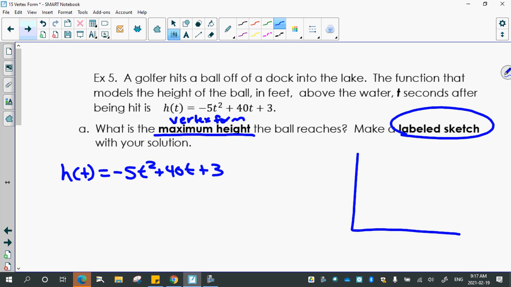How would I know what to label this? I'm not going to label it y, because there's no y over here. T, nope. T is where x would normally be. So this is going to be t. Okay. H, good. So height. And then look for clues in the question. Height is in feet. And time is in seconds.